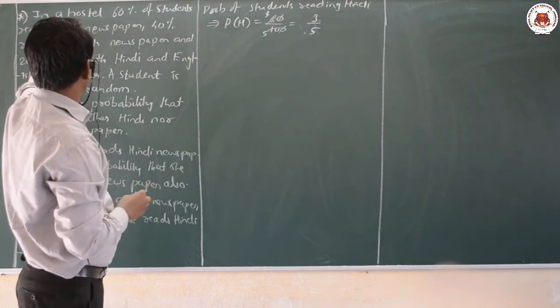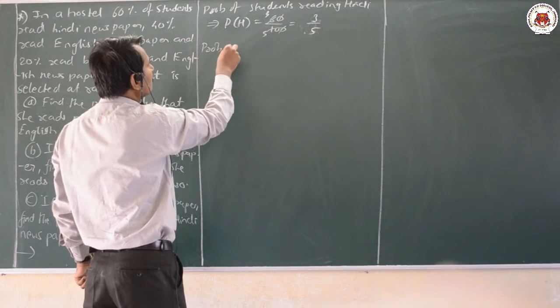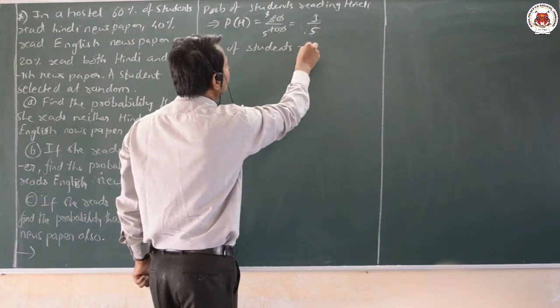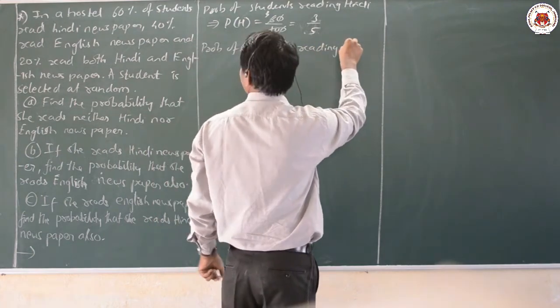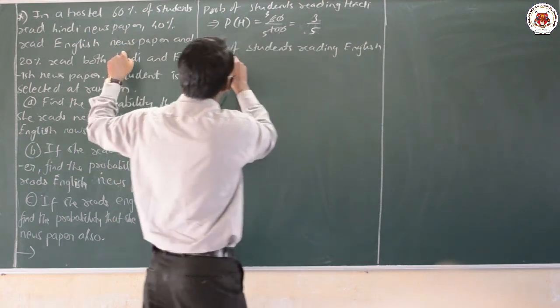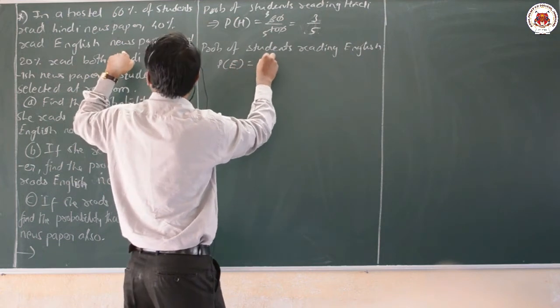Then comes 40% read English newspaper. So what it is? Probability of students reading English. So second one is English. I will write it as P of E here. That is nothing but how many percent it is?